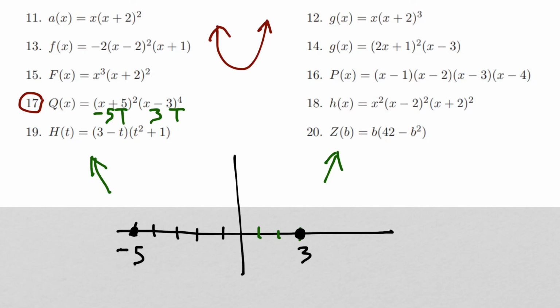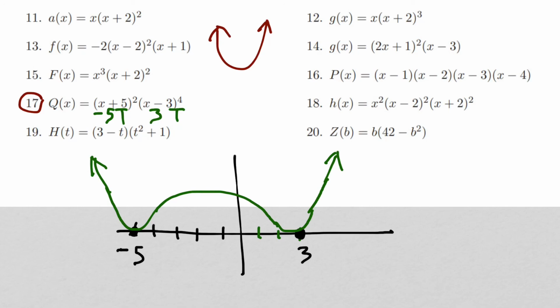Now for my 0 at -5, that's just a touch, so I'm bouncing there. And my 0 at 3 is also just a touch, so I'm bouncing there as well. And somehow these have to connect, and we don't exactly know what that part of the graph looks like exactly.